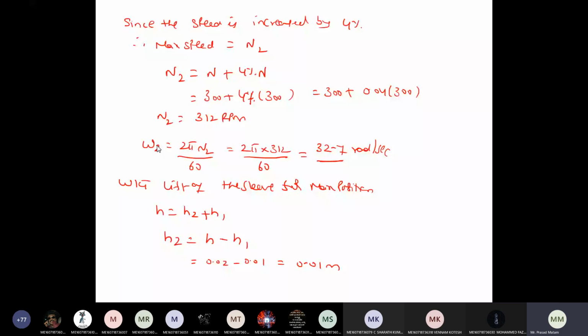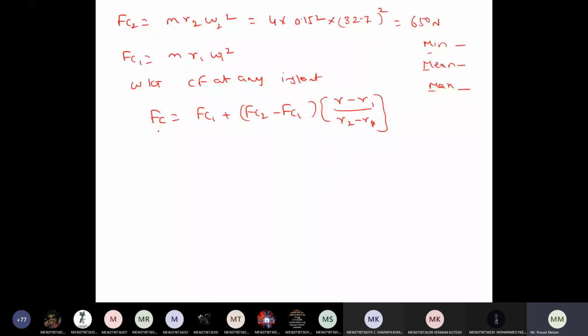Can anyone find it and tell me? FC is the centrifugal force at the mean position. So I am writing this is the centrifugal force at mean position. This is the centrifugal force at minimum position, and FC2 is the centrifugal force at maximum position.